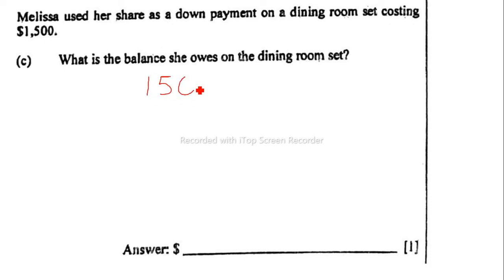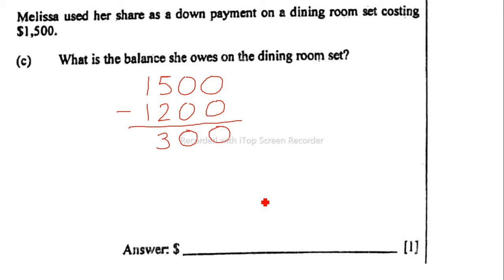You subtract 1,200 from 1,500, and you should get your answer. Very good. I like that confidence, Miss Cooper. So 5 minus 2 is 3. So her balance is 300.